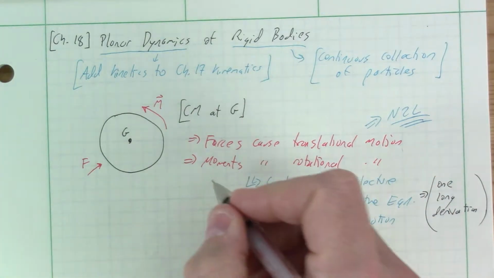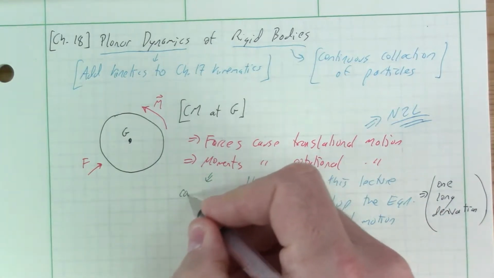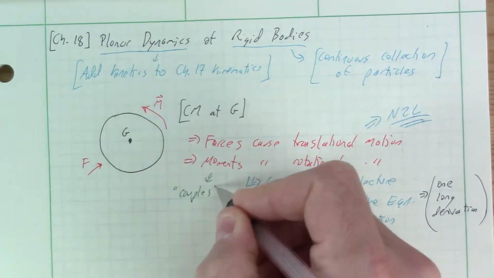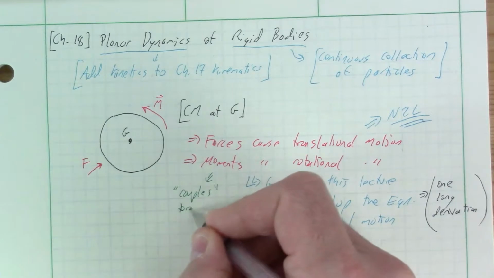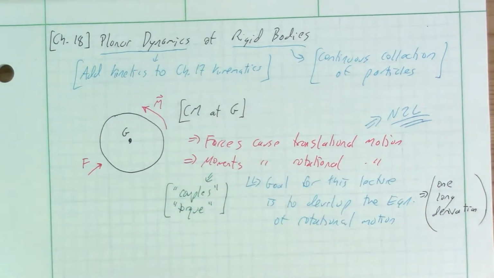Before we get there, I just want to mention we use the word moments here. You might also hear these talked about as couples, or actually in physics they talk about these more as torques, forces at a distance. We don't use torque too much in engineering, but moments and couples are used somewhat interchangeably. There actually is a difference.